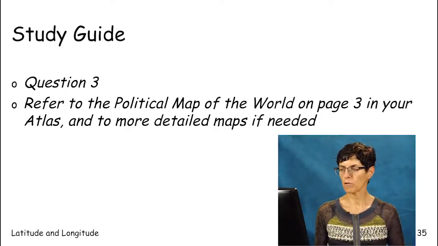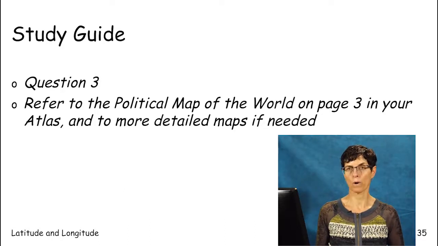Okay, next question. So you need to get your study guide out again, and I would like you to answer question 3 in the study guide. Now for this, you'll be looking at your atlas. You'll be looking for the political map of the world on page 3 in your atlas.